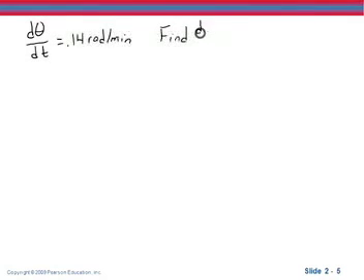Okay, so let's summarize what we know. We know our change in theta with respect to time is 0.14 radians per minute. And we want to find dy/dt when our angle is pi over 4.